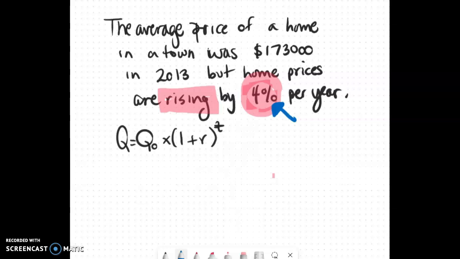So the relative amount or the same percentage is exponential growth, versus if this had said, maybe it didn't say 4% per year, but it said $4,000 per year. That is a constant, same absolute amount, a constant growth. So those are the keys that we're looking for.